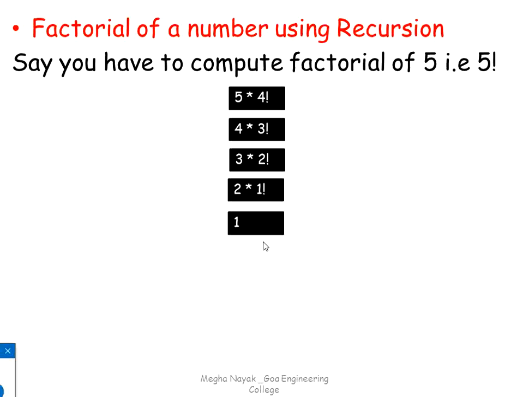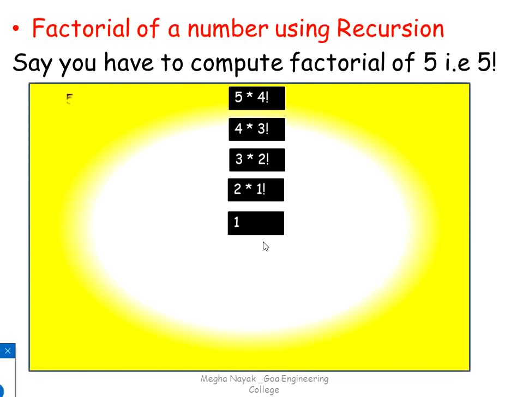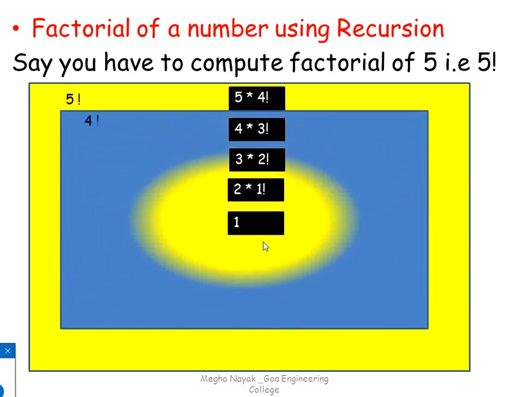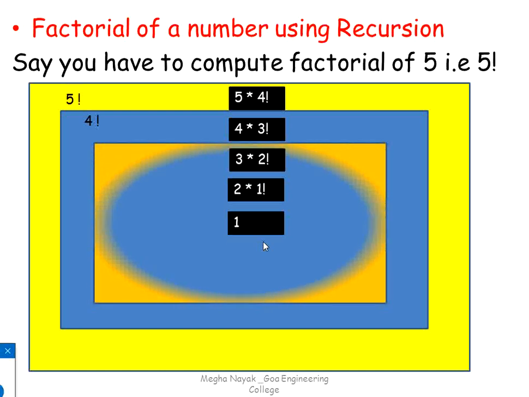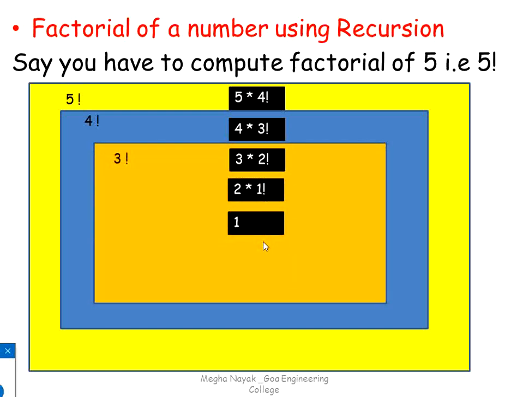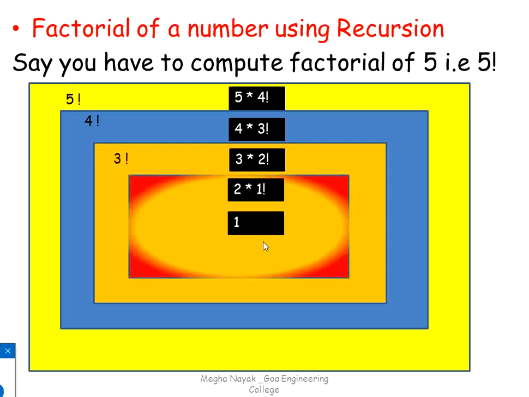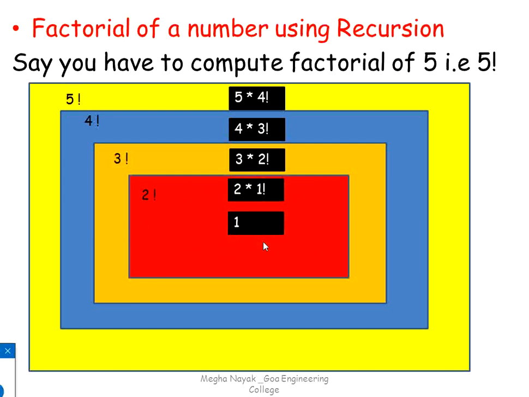Now for 5 into 4 factorial to happen, the 5 factorial box is opened. Assume this is a box, and within that we have another box. That box is 4 factorial. Now I open up the 4 factorial box, and in this box I find a 3 factorial box. I open up this 3 factorial box, and in that I find another box which is 2 factorial.